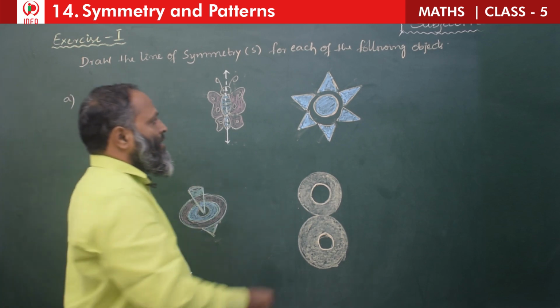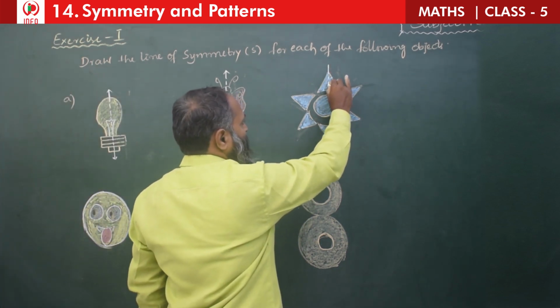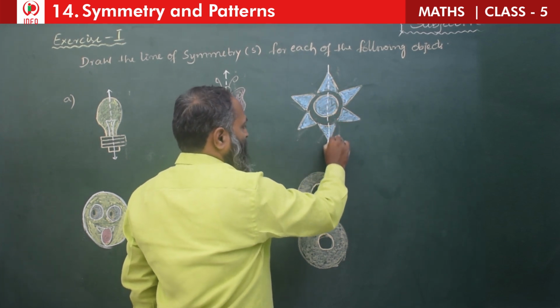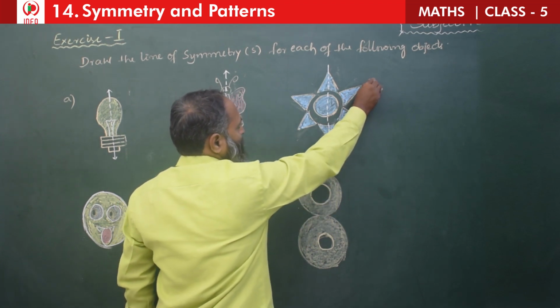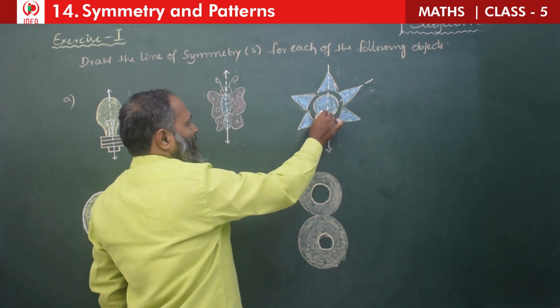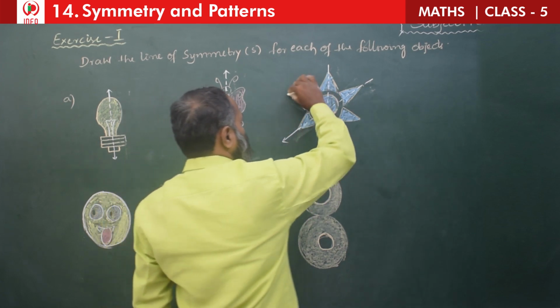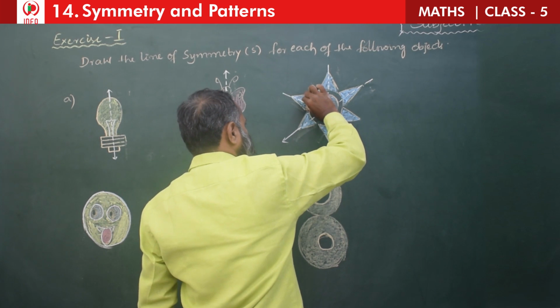Here, we should take a vertical line of symmetry, like this. This is one line of symmetry. Another line of symmetry from here. This is another line of symmetry. From here you will get one more, so three lines of symmetry.